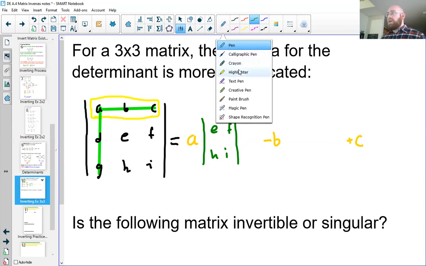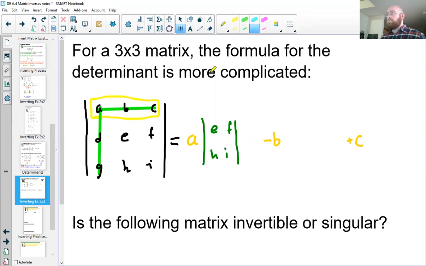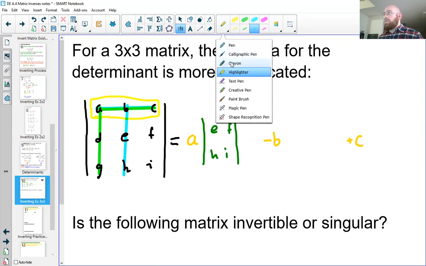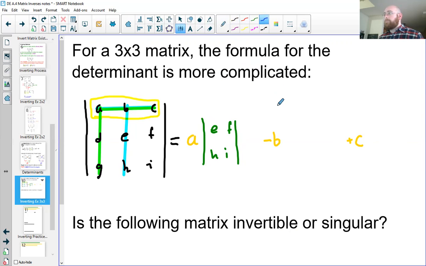If I cross out the middle column and the top row, I'll have D, F, G, I. So again, the determinant of a 2x2 matrix that I'm familiar with.